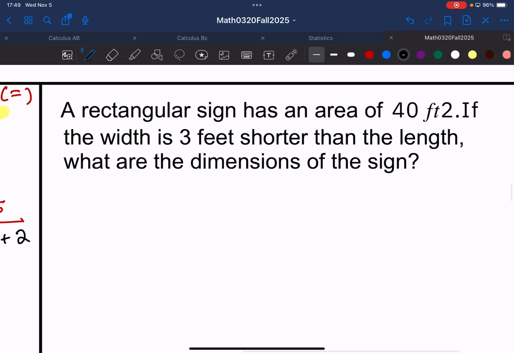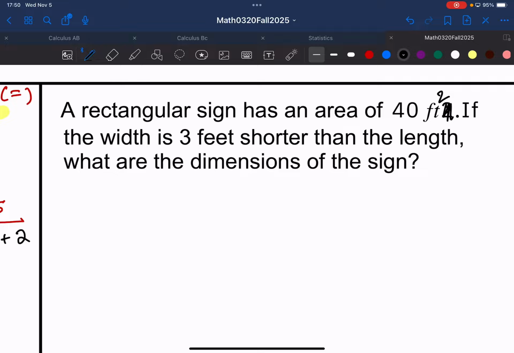says a rectangular sign has an area of 40 feet squared. That's supposed to be a little 2 up there, not a 2 there. If the width is 3 feet shorter than the length, what are the dimensions of the sign? So for these type of problems, again, the word problems, it's best to always draw a diagram, okay?